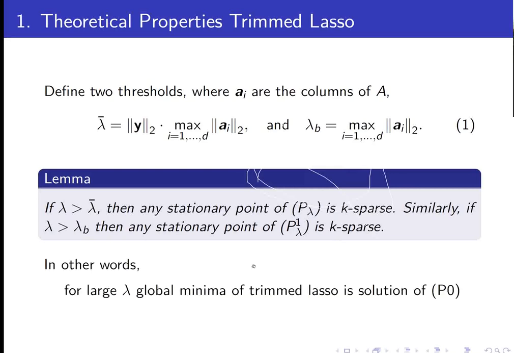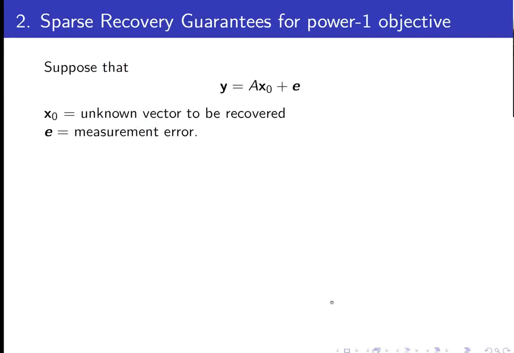So in simple words, if lambda is large enough, and we can compute it explicitly given the matrix A and the vector Y, then global minima of Trim Lasso penalized objectives are solutions of the original problem P0, which is a good thing. We can just try to solve these Trim Lasso objectives instead of solving P0, okay?